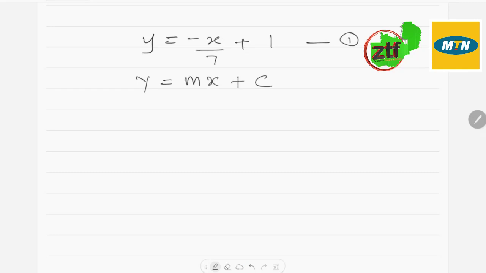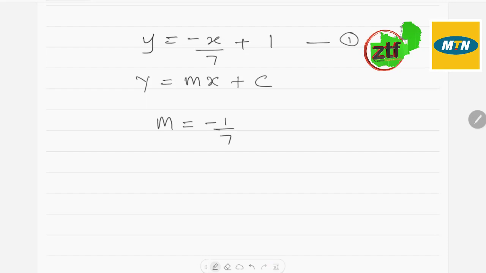So without differentiating, we can simply find the gradient of equation 1. You will notice that the gradient, which is m in this case, will be -1 over 7, because -1 over 7 is the coefficient of x.